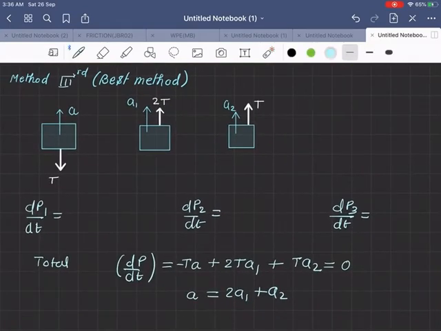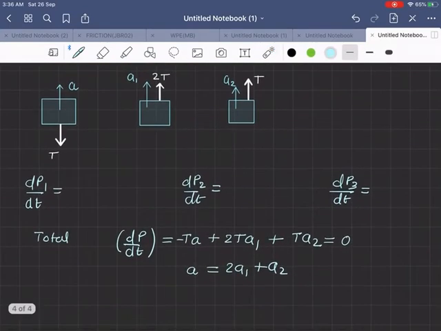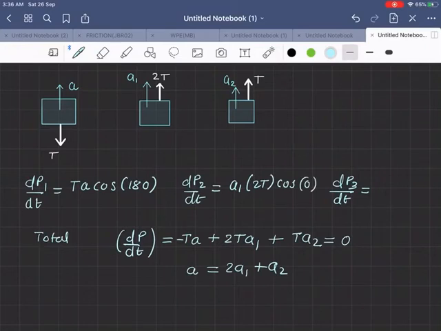After that I am just going to put in dp/dt and other stuff. So here I am getting tension T multiplied by a cos 180 degrees because they are opposite to each other. Here we are getting a1 multiplied by 2T cos 0, and here we are getting a2 T cos 0.